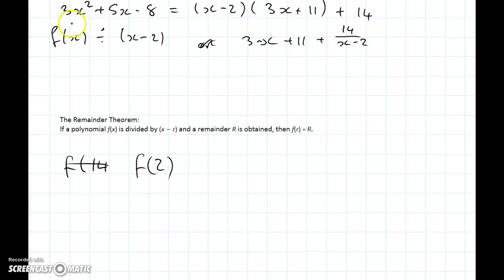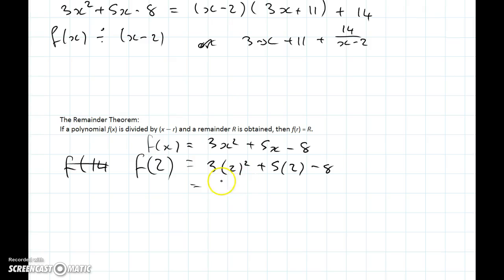So remember, f of x was 3x squared plus 5x minus 8. So now f of 2 would be 3 times 2 squared plus 5 times 2 minus 8.